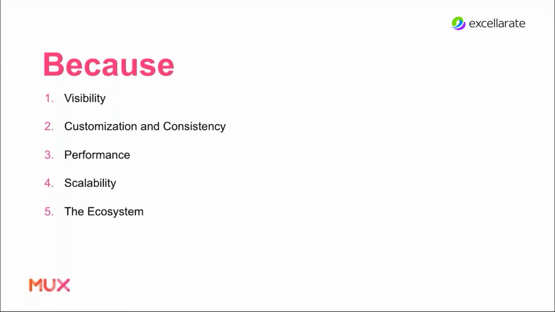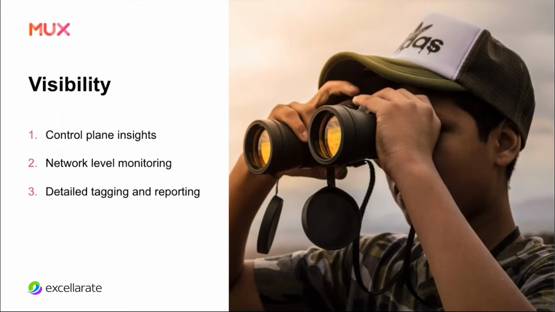I think some of the things weren't completely clear at the time, but we have definitely seen a number of benefits from making this decision that I'll try and get into the details of right now. The first thing to mention is visibility and how important that is to us.